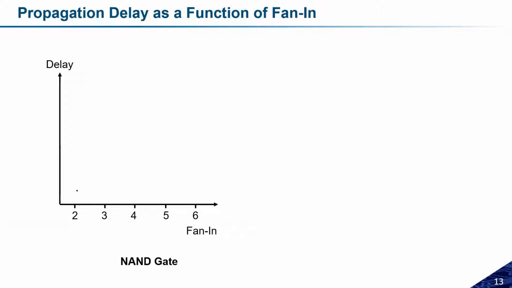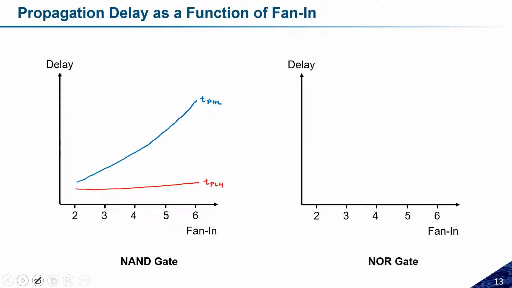Okay. So if I can draw a simple curve, let us assume this is the TPLH, and if we talk about the TPHL, TPHL will be something like this one. So TPHL will look like this for the NAND gate. Similarly, if we talk about the NOR gate, it will be opposite to this one, right?